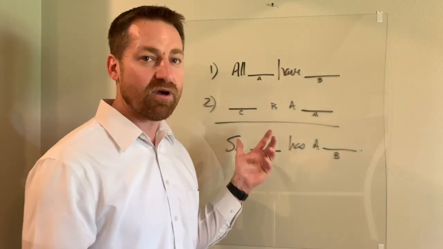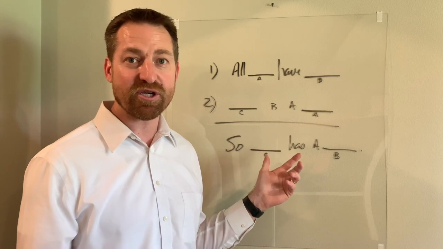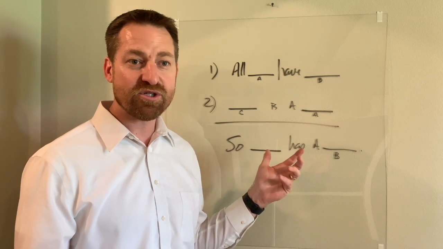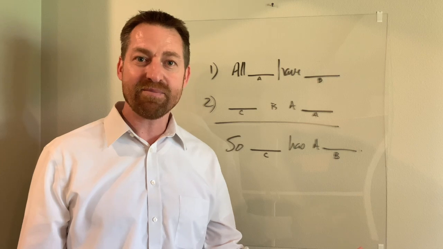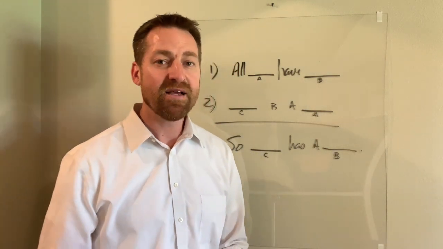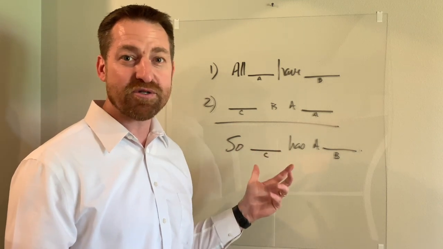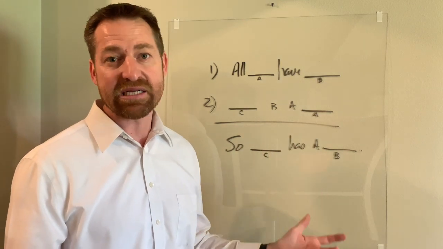One, the argument form of your new substitution instance has to be accurate to the original argument. So if you show that a form is invalid, but that form is not the form of the original argument, then all you've done is shown that this form that nobody's using is an invalid form. So it's got to match the original argument. Second, you've got to reproduce the argument form with a substitution instance where the premises are clearly true.